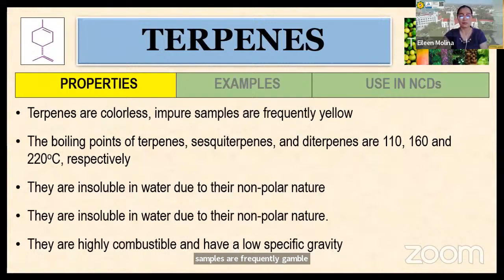In terms of boiling point, terpenes, sesquiterpenes, and diterpenes are usually higher than the boiling point of water, 160 to 220 degrees Celsius, respectively. They are considered to be insoluble in water due to their non-polar nature, are highly combustible, and have low specific gravity. Therefore, they do float.